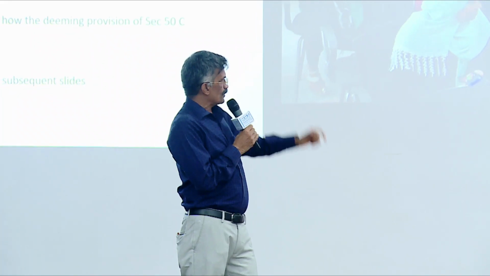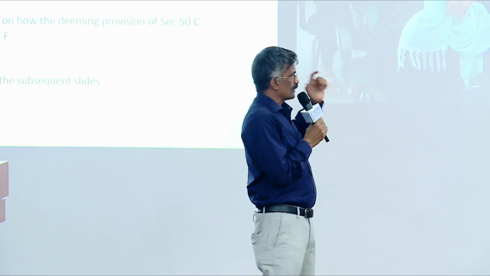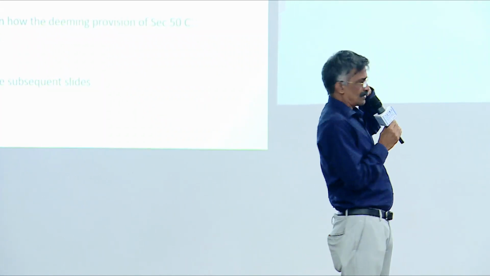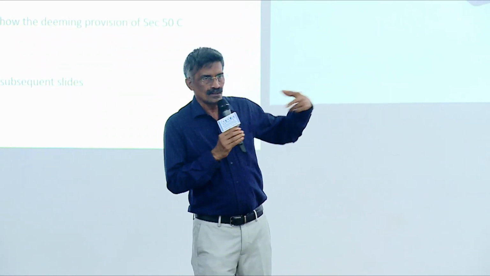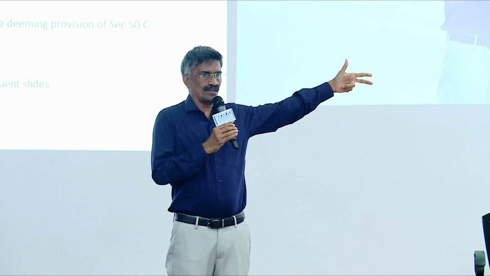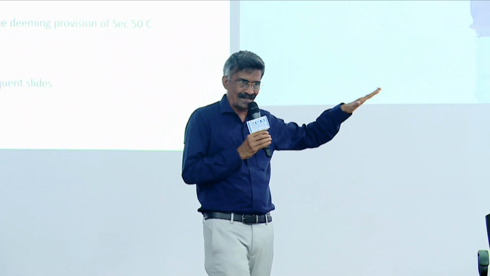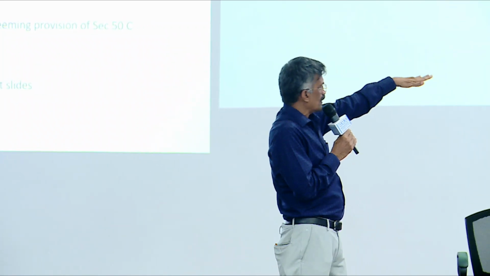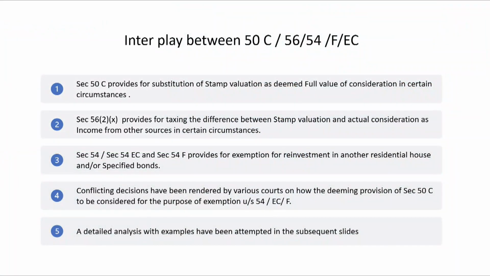Now 56(2)(x) provides for taxing the difference between stamp valuation and actual consideration as income from other sources. If you combine the first and second point, you can easily observe both buyer and seller are taxed for the same transaction. How we are going to use this in the last part is something for you to think about while leaving this hall.